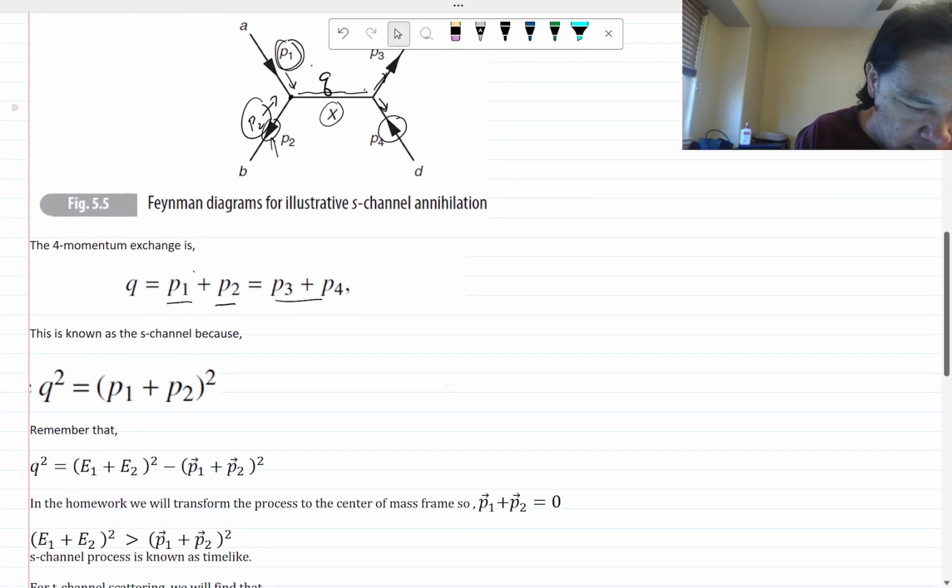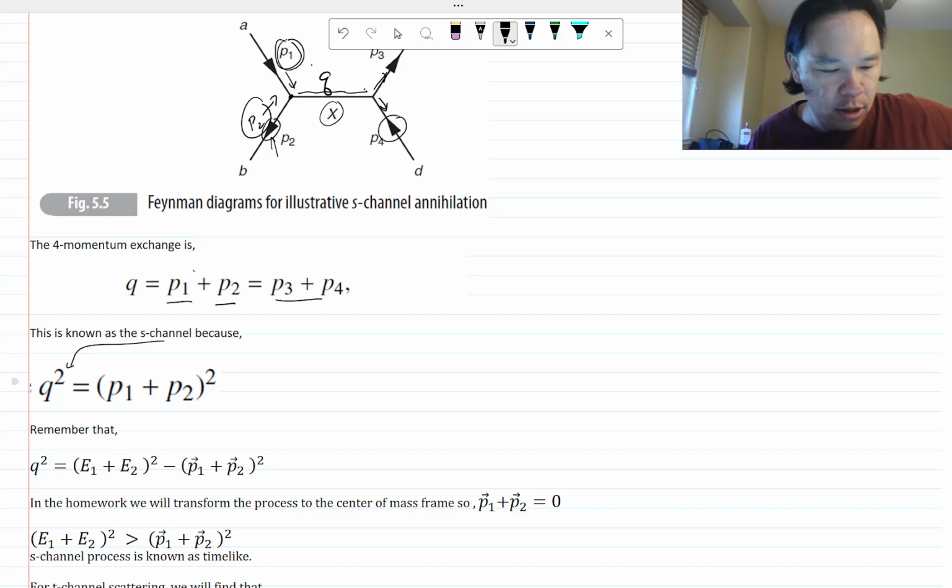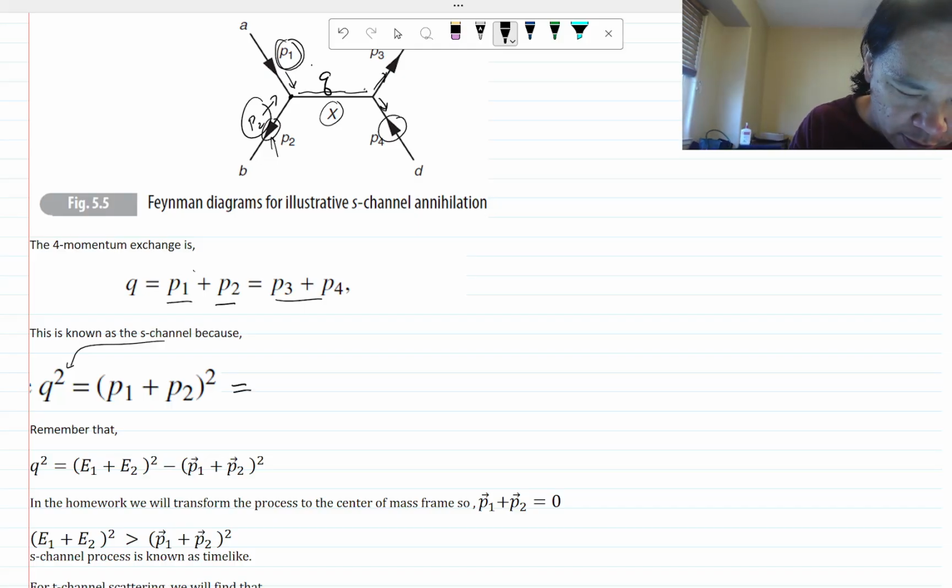So in the case of this annihilation process, the Q squared is known as the S channel process, because Q squared is equal to S, where S is this Mandelstam variable. Be a little careful.